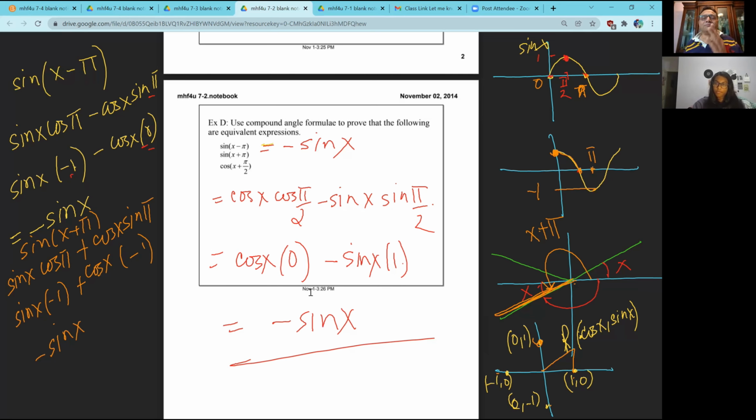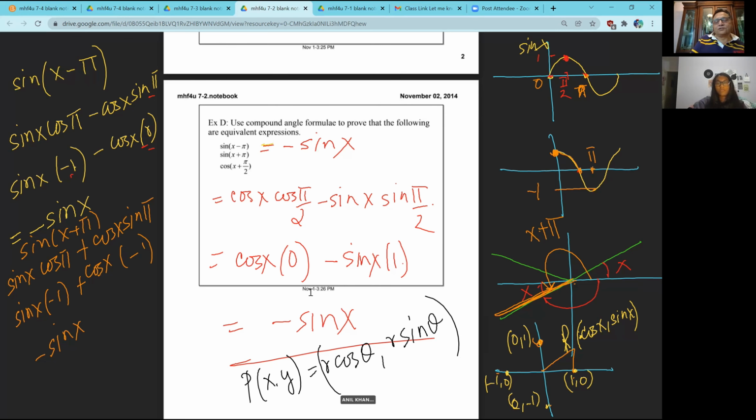Just look at the coordinate plane. The x value is cos theta. So any point P which has x and y values is basically r cos theta and r sine theta, where r is the square root of x squared plus y squared.